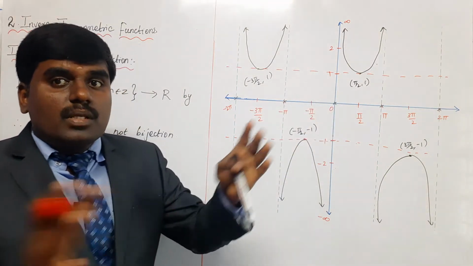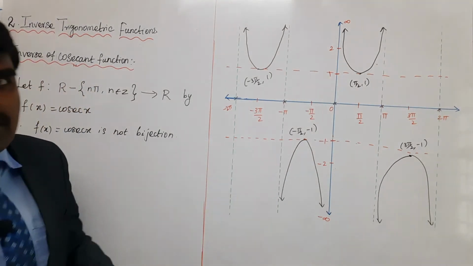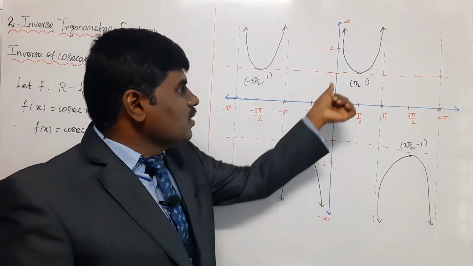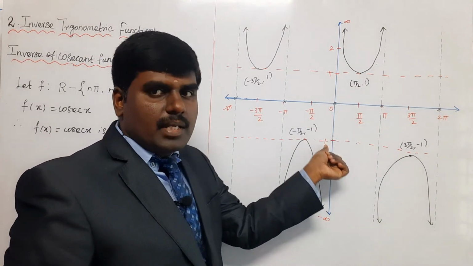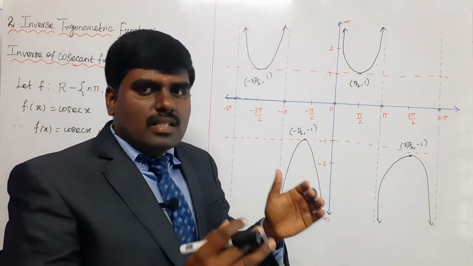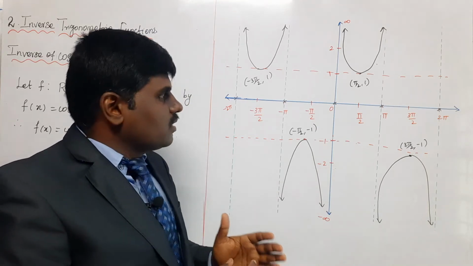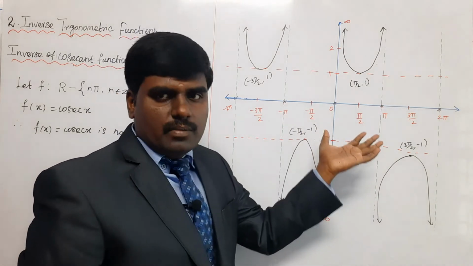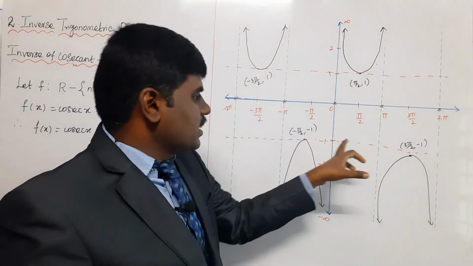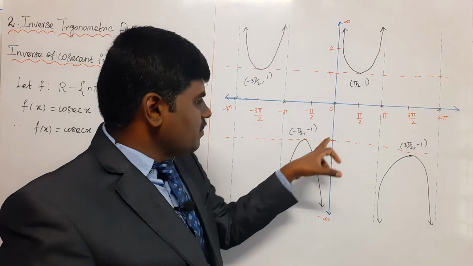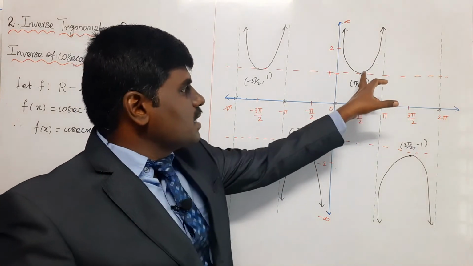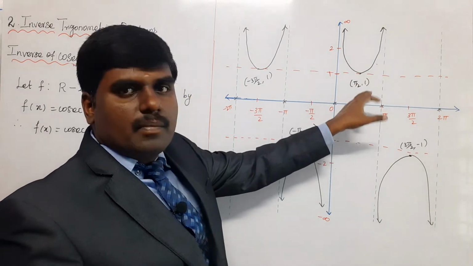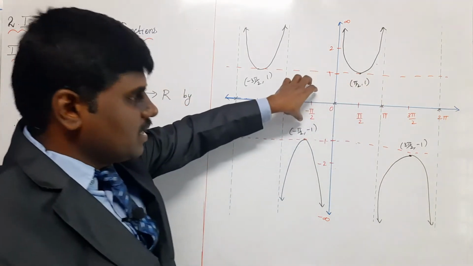The cosecant curve does not exist in the open interval from minus 1 to plus 1, but minus 1 and 1 are included. The curve starts at minus 1 and goes below, and starts at plus 1 and goes above, but in between it does not exist.